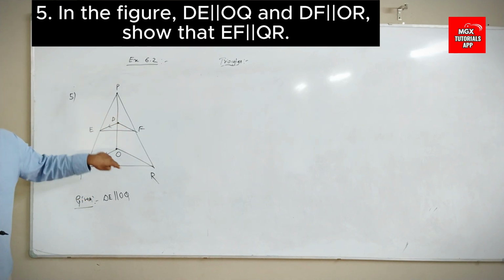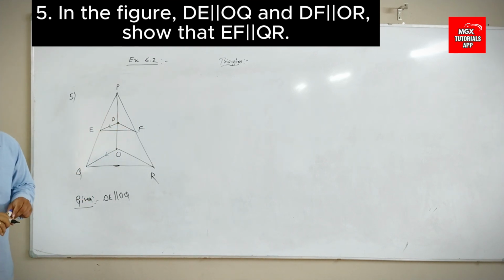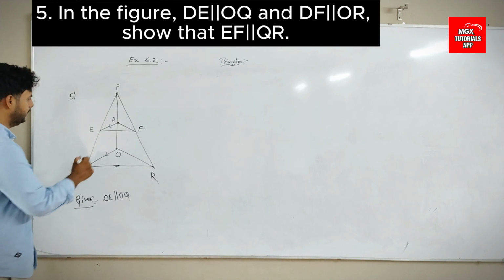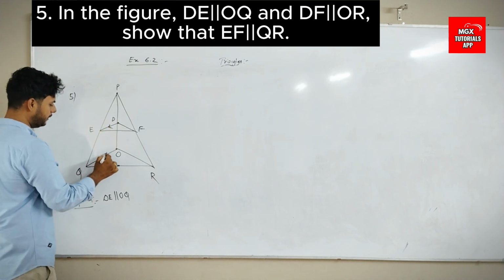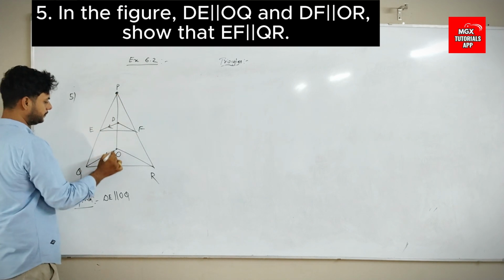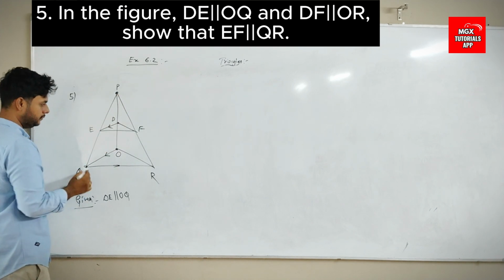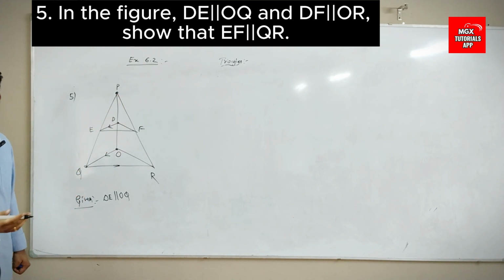Now you can see clearly. Okay, which is the triangle I should take? PQO. D is parallel to OQ means I should take this triangle. Okay. Next.